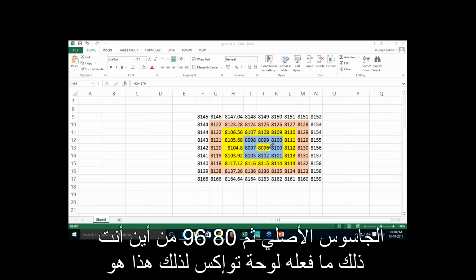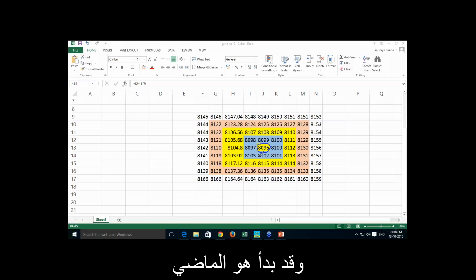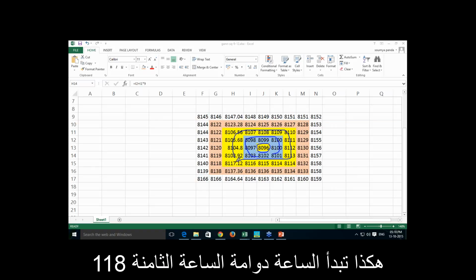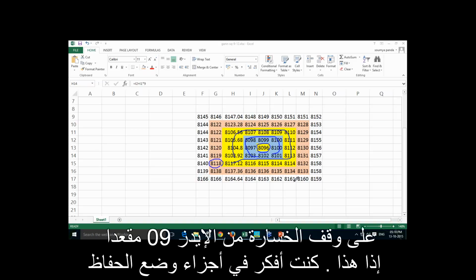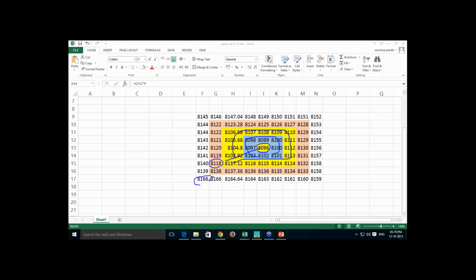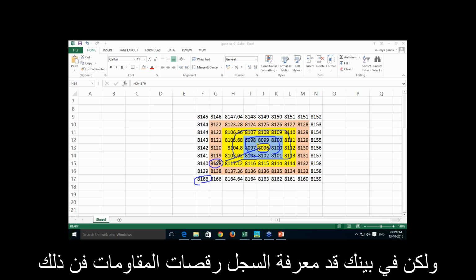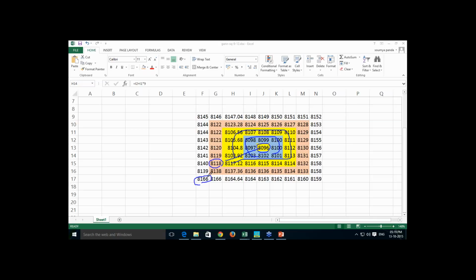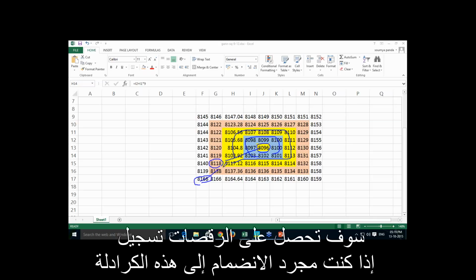So what is the third spiral? This is the original spiral, 8096, from where you have started. This is the first, this is the second spiral, and the third spiral starts at 8118. At this point you think of purchasing, keeping a stop loss of 8096, and your final target will be 8166. But in between you may find the resistances, so if you join these cardinals, you will get the resistances.